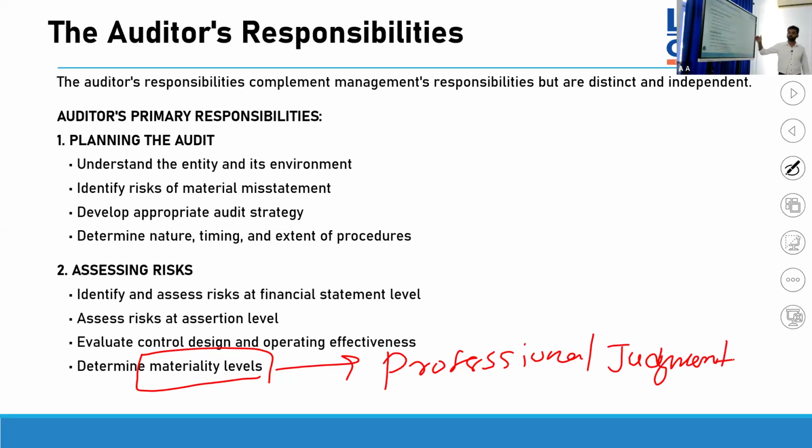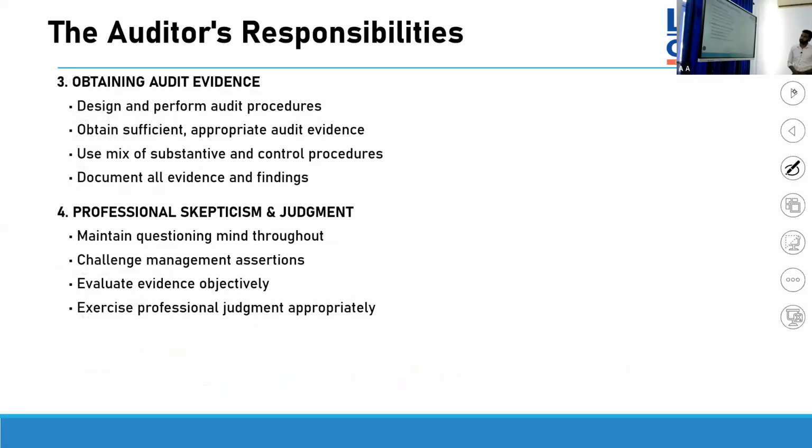Professional judgment should be used in determining the materiality level, right? So these are the responsibilities.